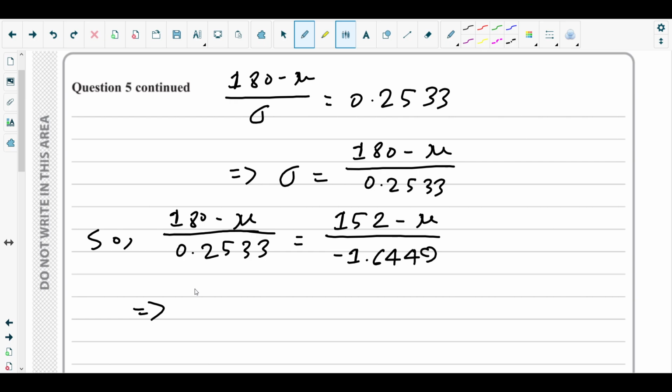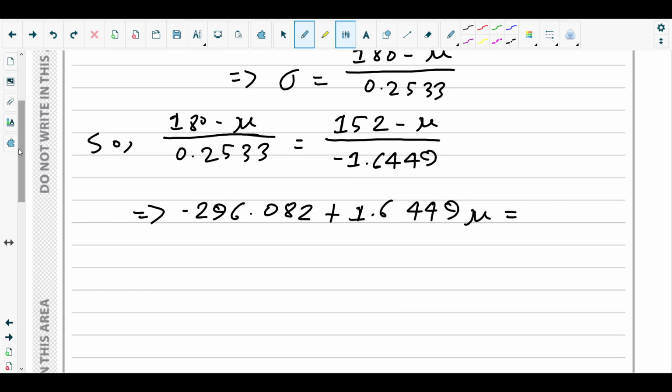Negative 1.6449 times 180 gives you negative 296.082, plus 1.6449 mu equals 152 times 0.2533, you will get 38.5016, minus 0.2533 mu.